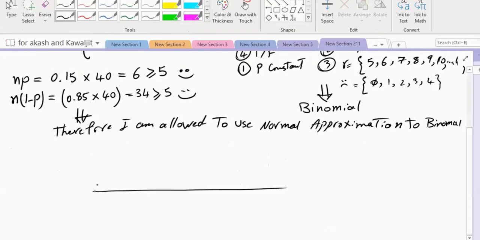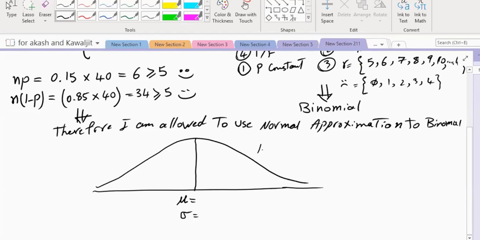That's why I want the curve to be big, okay? If I'm going to use a normal approximation to that binomial distribution, what should be the mean? Notice that the normal distribution, we have to annotate it with 4 points. One is that this is normal.